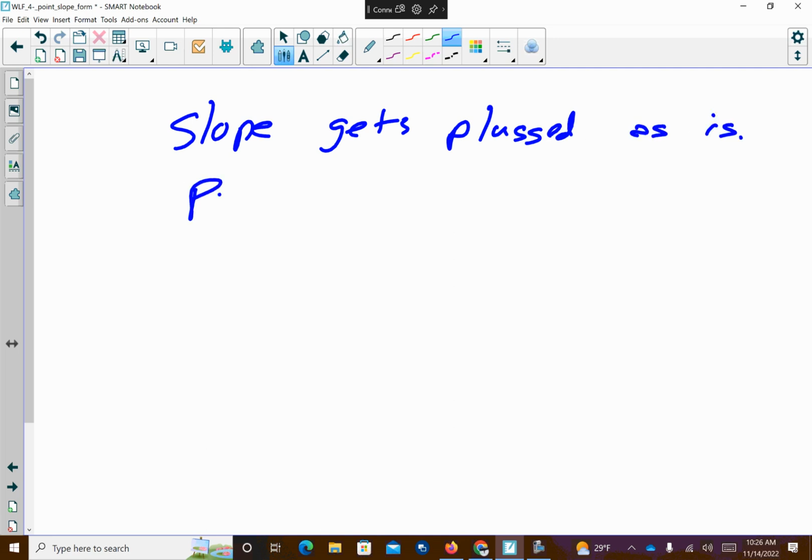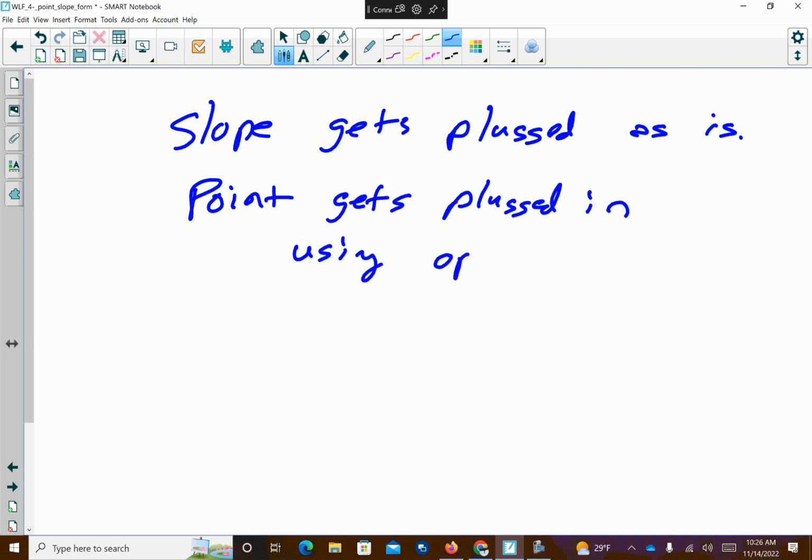The point gets plugged in using opposite values. So if it was positive, it plugs in to become negative. If it's negative, it plugs in to be positive. Okay? So this is just kind of a side note. A couple side notes to go with that.